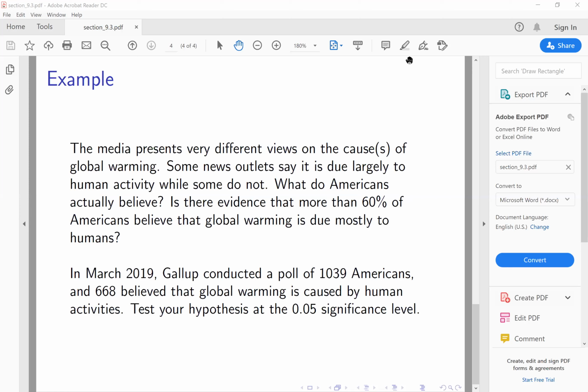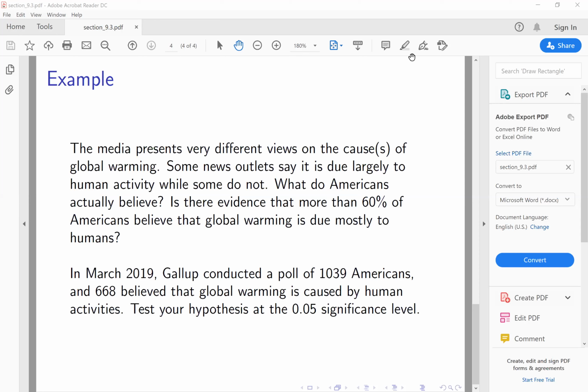In March of last year, Gallup conducted a poll of 1,039 Americans, and 668 people in that poll reported they believed that global warming is caused by human activities. We're going to test our null hypothesis that 60% of Americans believe this versus the alternate hypothesis that more than 60% believe it, based on this sample.